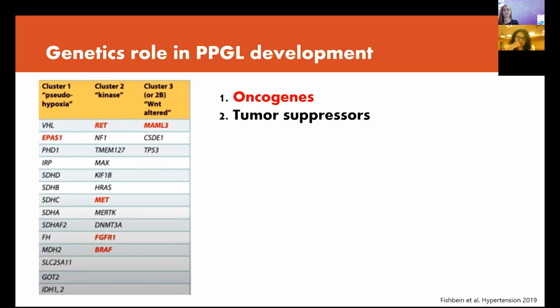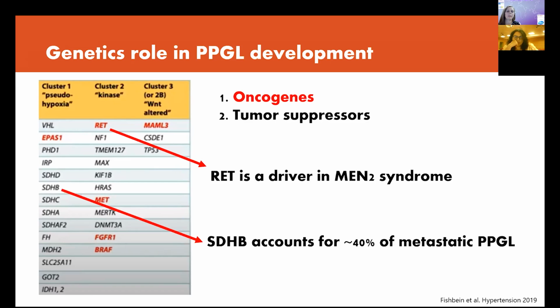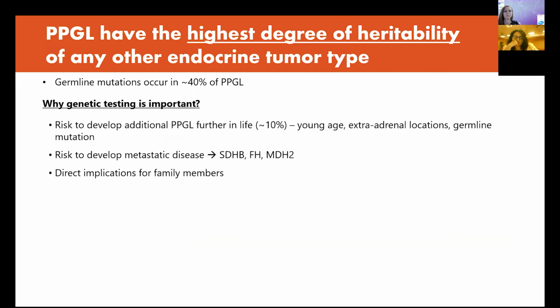So the mutation actually deactivates the gene and starts the formation of the tumor. The oncogene example here is the RET proto-oncogene, which is a driver in multiple endocrine neoplasia type 2 syndrome. And the tumor suppressor gene example is SDHB, which accounts for about 40% of metastatic PPGLs.